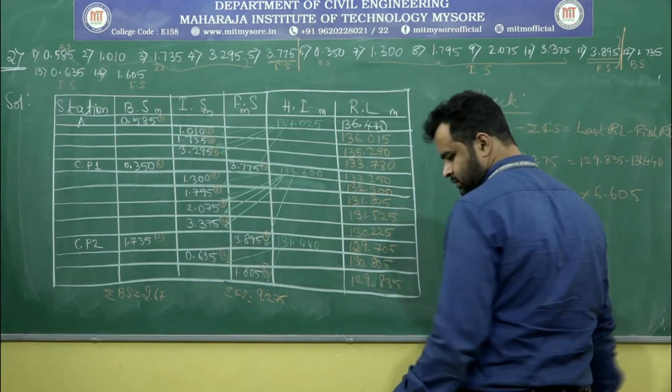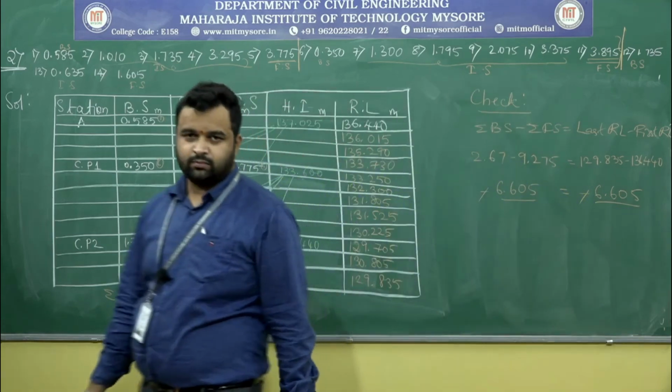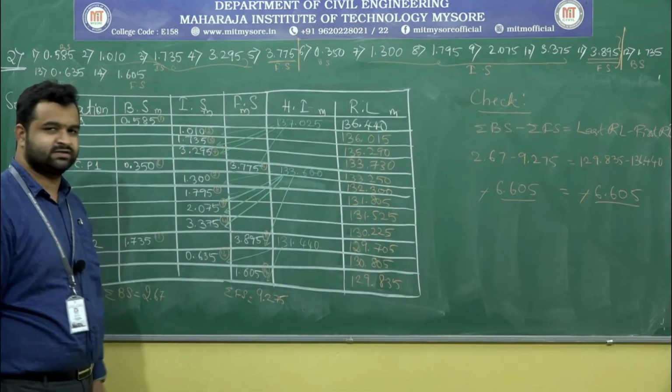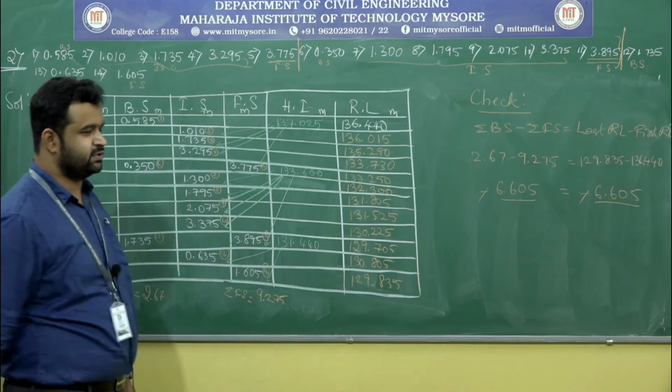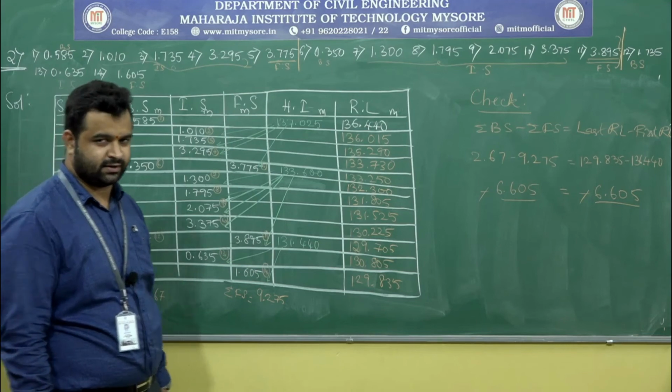Minus and minus cancel, and you can say both the values on RHS and LHS are equal, 6.605 and 6.605. So the calculated elevations or RLs are correct.